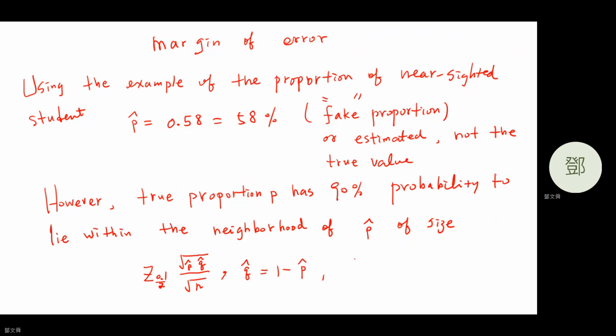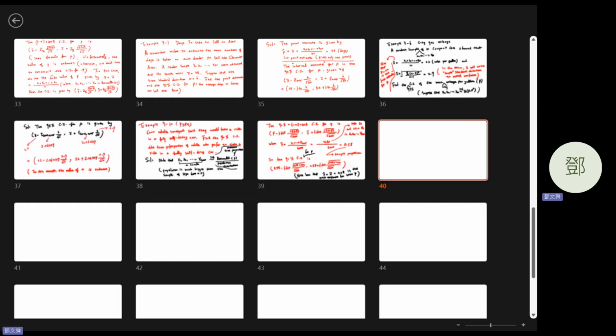And we call the size of the neighborhood the margin of error. Keep that in your notebook.